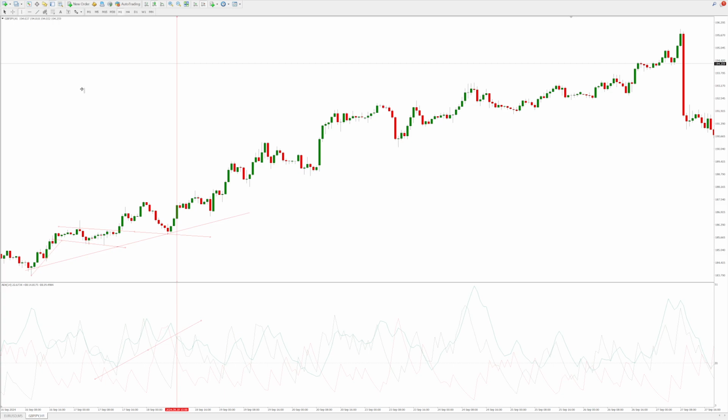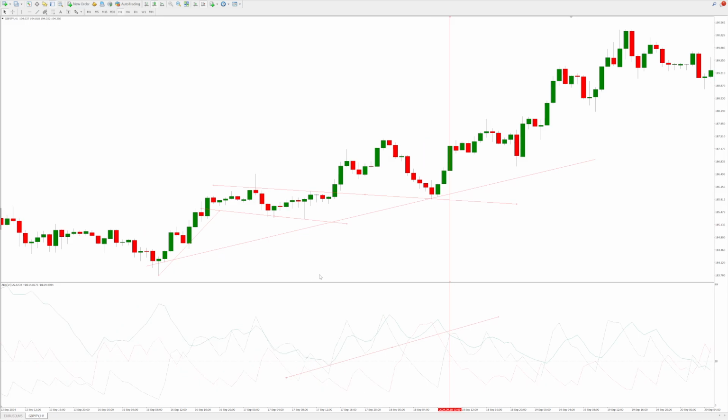If we just see an ADX trend, an ADX crossover entry there. Another one here. And you can use other indicators for entry points as well.